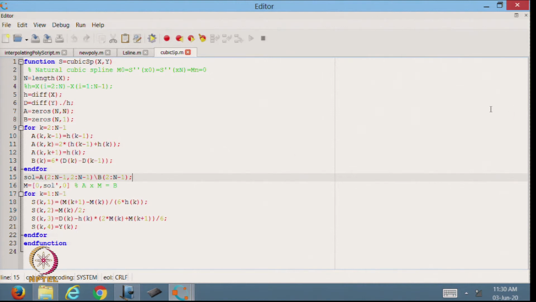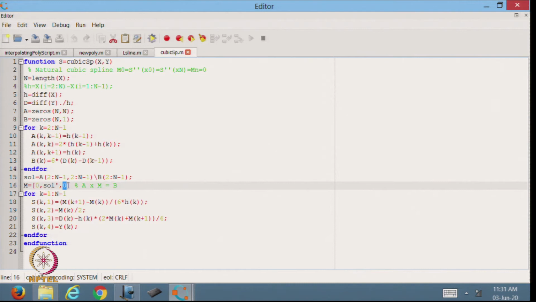Now from here I find the solution of the interior matrix. Then I will get the values of m in the interior, that is, m1, m2, up to m n minus 1, and m0 and mn are known to me. So this is the value of m0 and this is the value of mn.